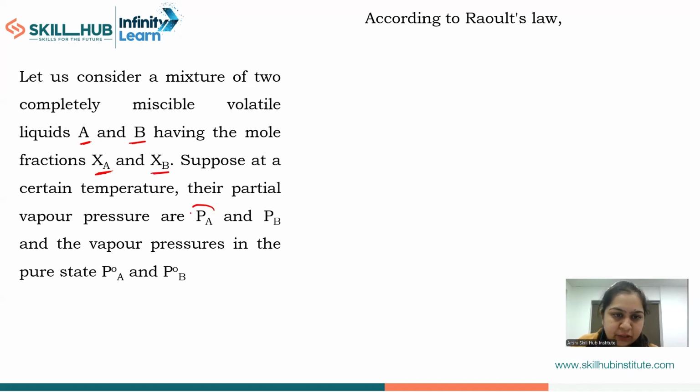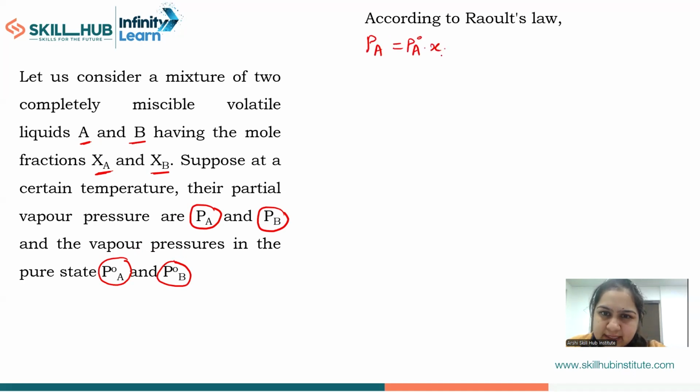Their partial vapor pressures are PA and PB, with PA naught in the pure state of A and PB naught in the pure state of B. From Raoult's law, PA equals PA naught into XA. Let's say this is equation 1. And for PB, we got PB naught into XB. Let us say this is equation 2.